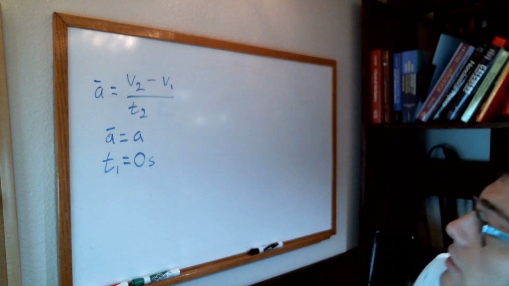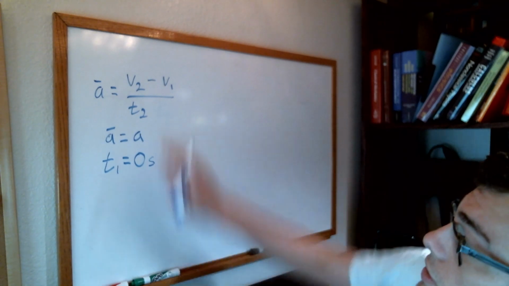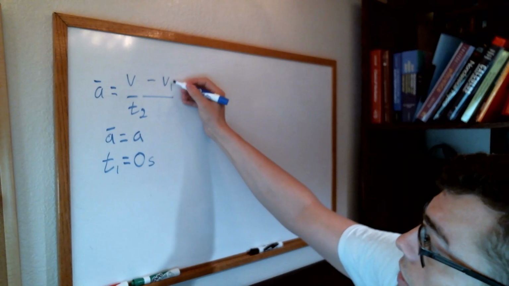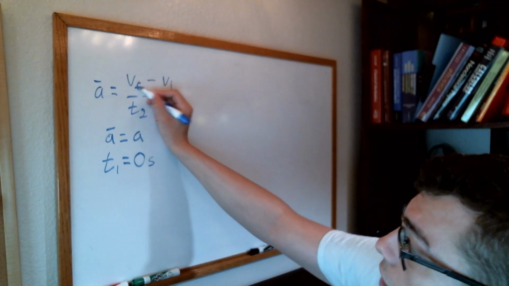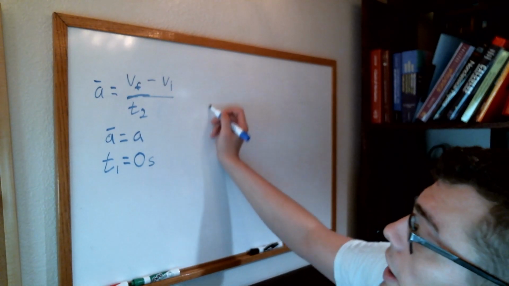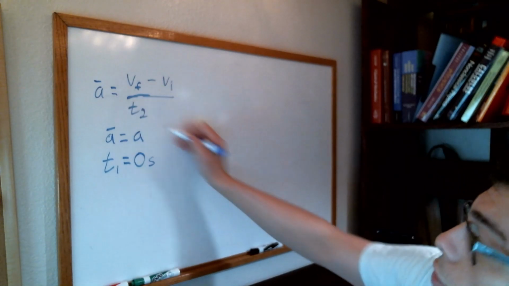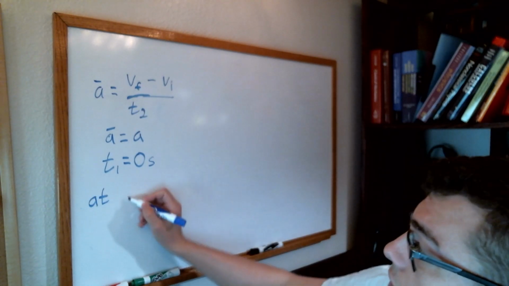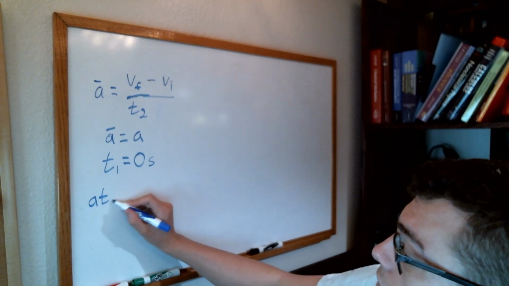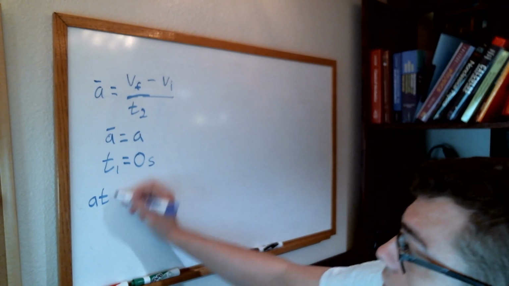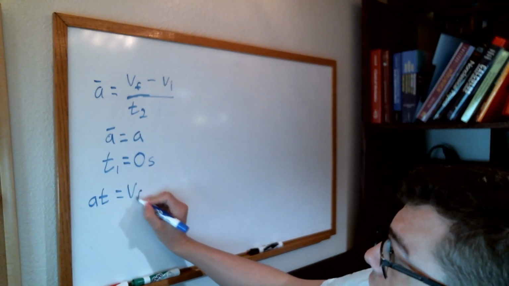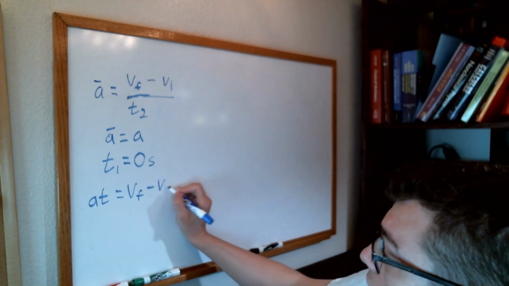Then I'm going to start replacing our 1s and 2s with i's and f's for initial and final. Now we'll multiply t to the other side, so we'll have at is equal to vf minus vi.